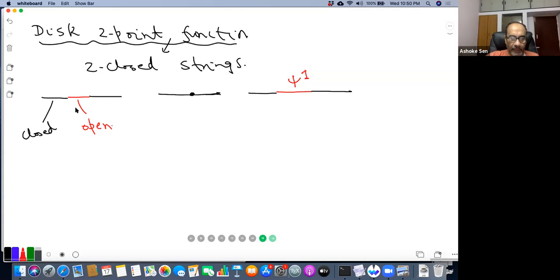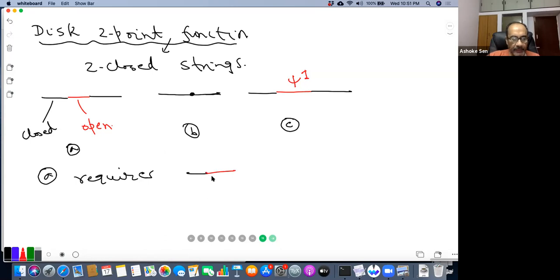So let's get to calculating this. If we call this diagram A, B, and C, then A requires this vertex, one open, one closed, one open vertex.